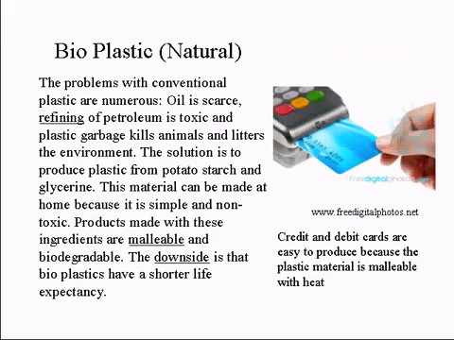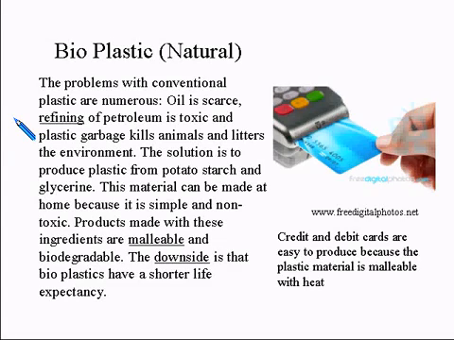Okay, let's go to the next slide. Bioplastic. Natural. As versus conventional plastic, which is unnatural. The problems with conventional plastic are numerous. Oil is scarce, refining of petroleum is toxic, and plastic garbage kills animals and litters the environment.